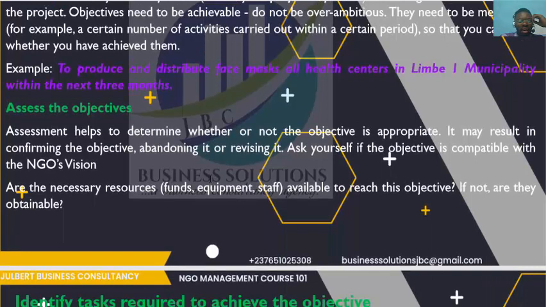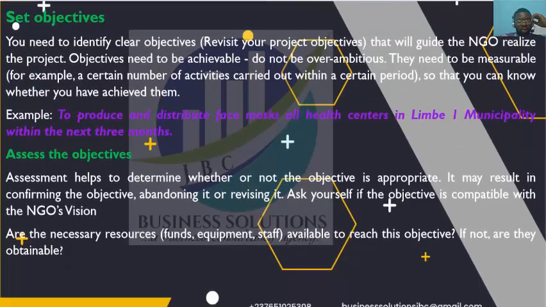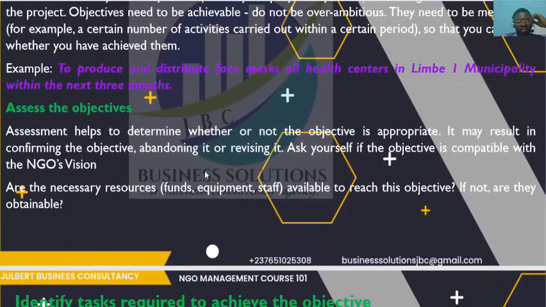And after developing your objectives, you assess the objectives. Assessment helps to determine whether or not the objective is appropriate. During the assessment process, you might find out that it is necessary to change a process.